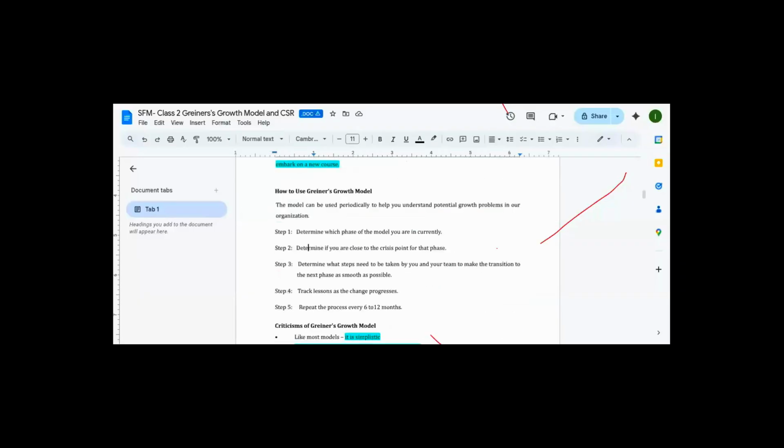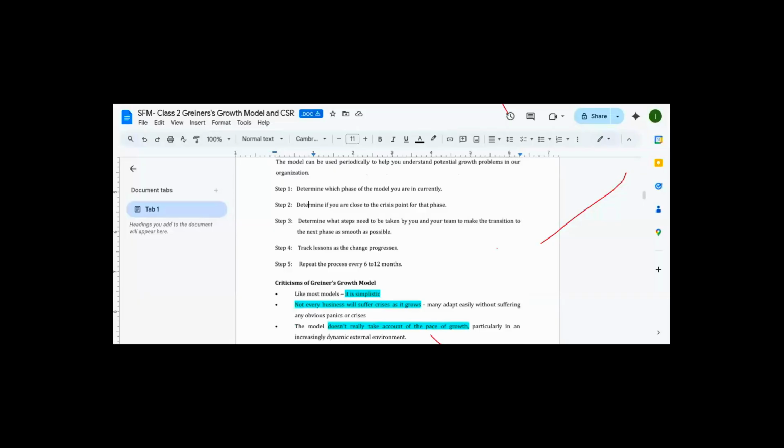Yes, sir. Okay. So in step 1 of the greenhouse growth model, we have to identify the state that we have presently. Step 2, we determine if we are close to the crisis point for that phase. What we mean in step 2 is that if the company, for instance, is in phase 1, in that phase 1 we use a flat structure, an entrepreneurial structure. Decisions revolve around the owner or the directors of the company.